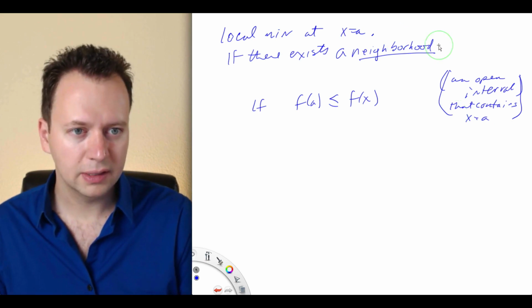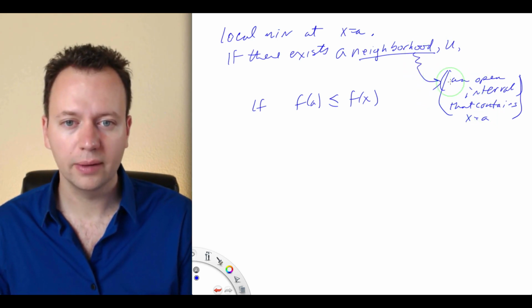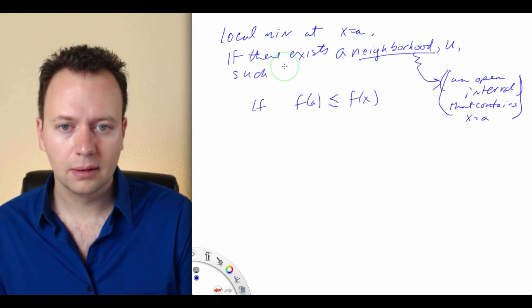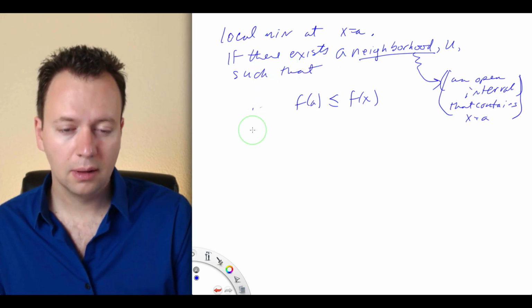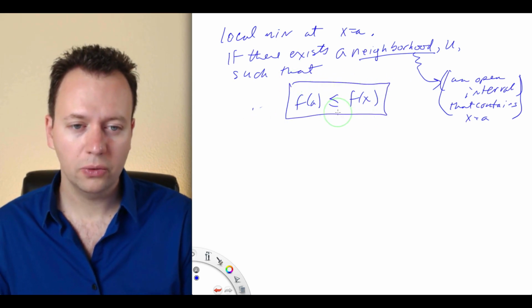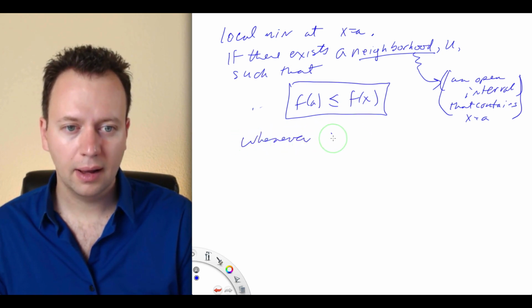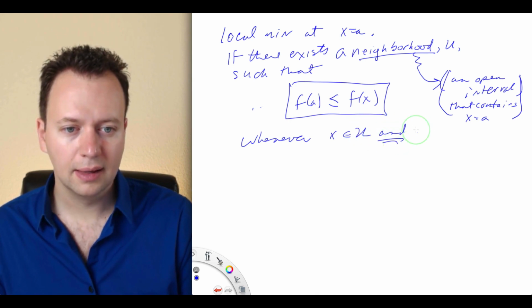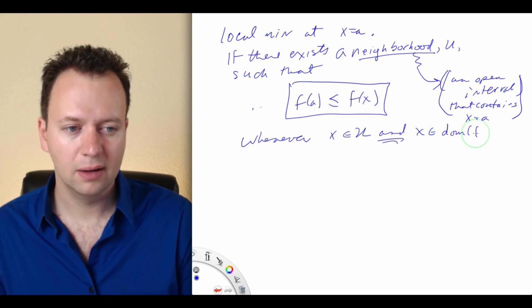So if there exists a neighborhood U, and a neighborhood is an open interval that contains the point, such that f of a is less than or equal to f of x whenever x is in the neighborhood U and x is in the domain of f.